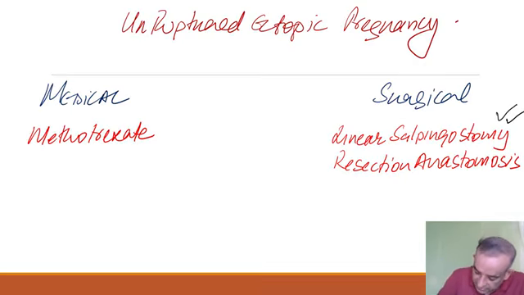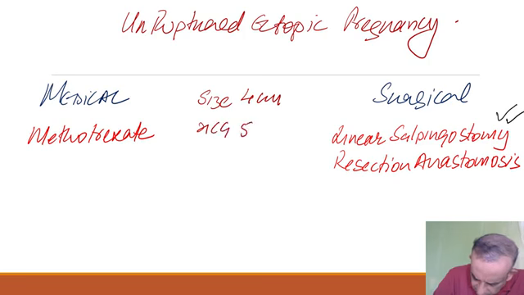So how do you decide this? It is decided based on some criteria. If the size of the ectopic pregnancy is more than 4 centimeters, the HCG is more than 5,000 international units, or the cardiac activity is present, we do surgical management.